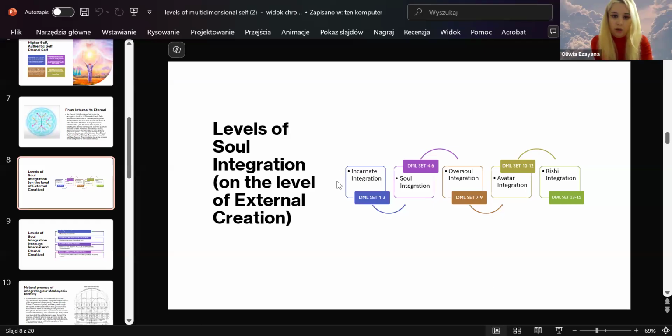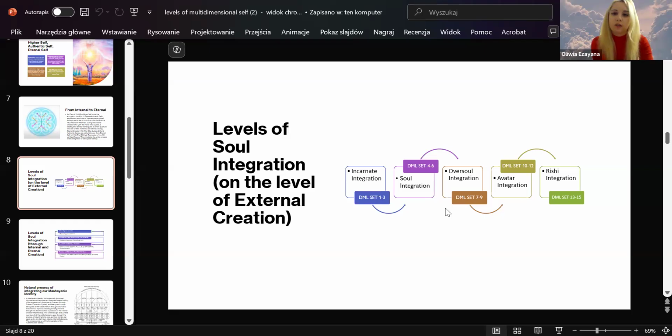So we are incarnate on the level of dimension 3, in the level of external creation. Then we have our soul that covers dimensions from 4 to 6. Then we have our oversoul that covers dimensions from 7 to 9. Then the avatar dimensions from 10 to 12, and the rishi dimensions from 13 to 15.